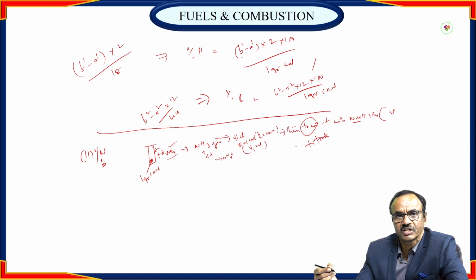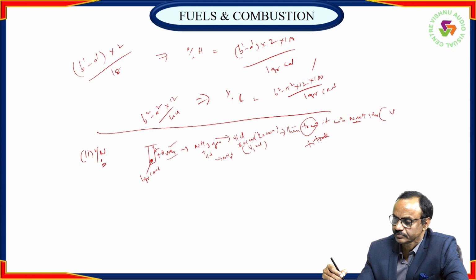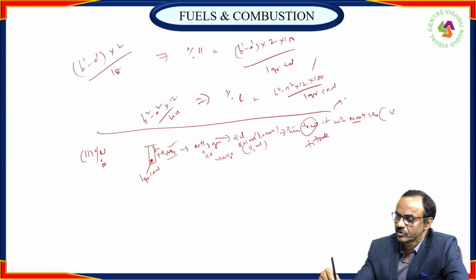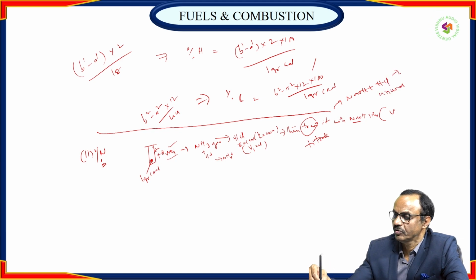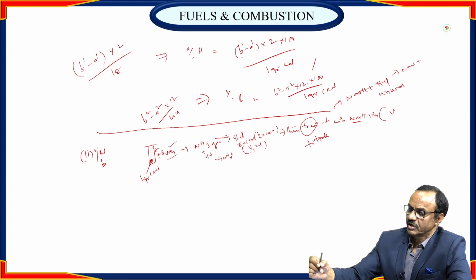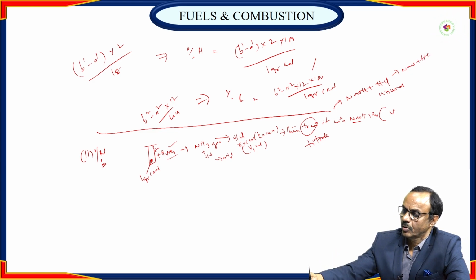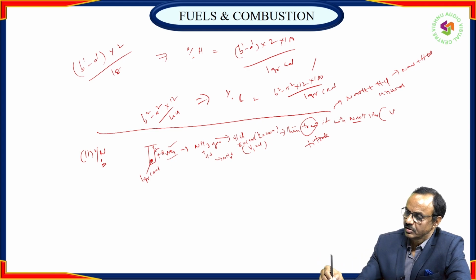Note down when the color changes, the completion of the reaction. What reaction? NaOH reacts with unused HCl, converting into NaCl plus HOH, right? So after this, note down the titer value. Let V be the titer value.